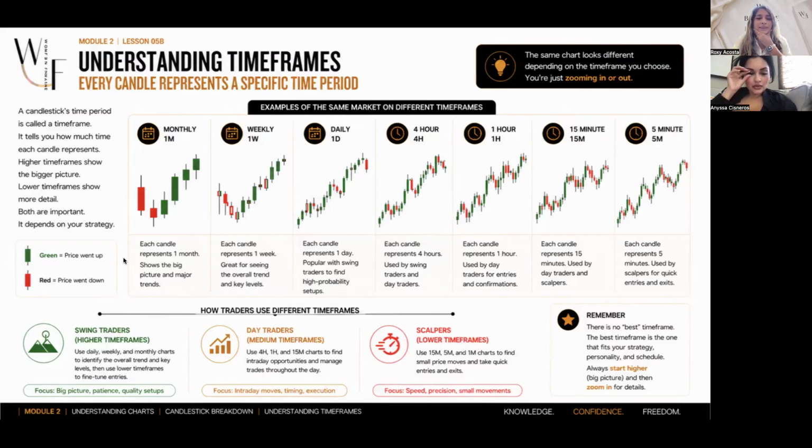For me, when I take a swing, I'm looking at the weekly and the monthly, and then I use the daily or 4 hour for my entries. That's for swing trading, because that happens over time, over a couple of days.